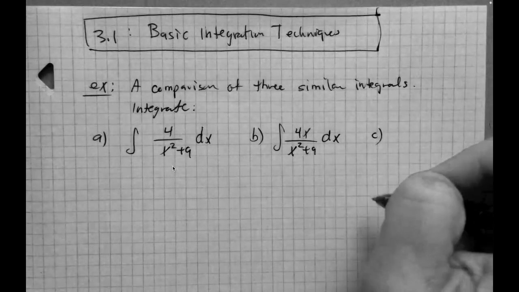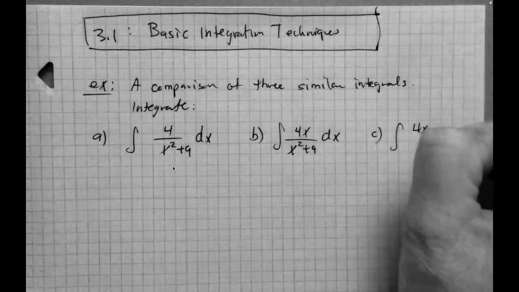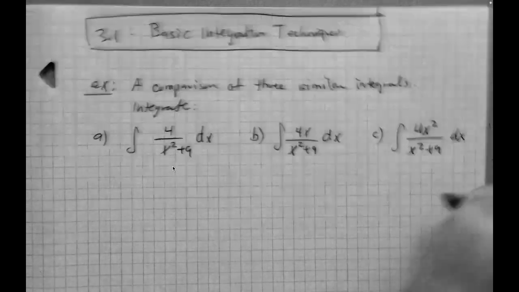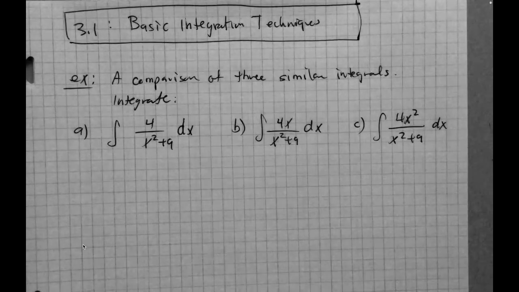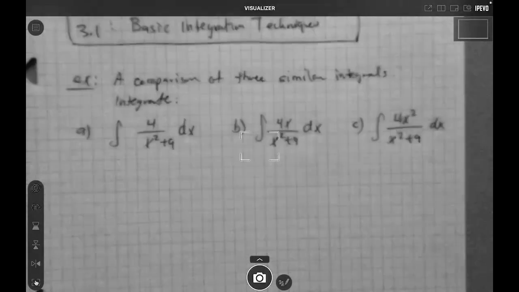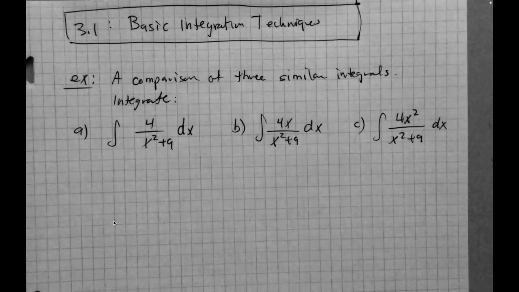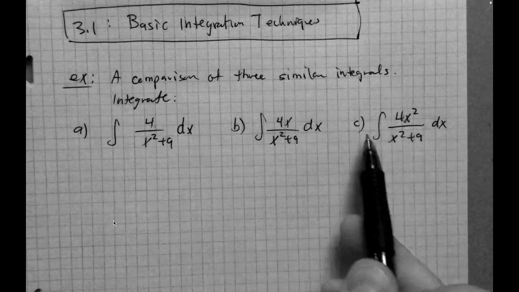And then the last one, we'll just throw another x in the numerator: 4x squared divided by x squared plus 9. Okay, so these are all obviously very similar, right? They vary from one another by just the addition of a single x variable in the numerator of the integrand, right? This is 4, this is 4x, that's 4x squared.